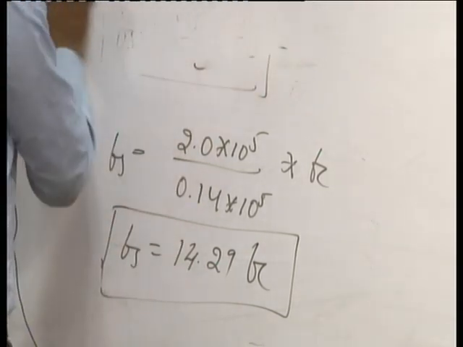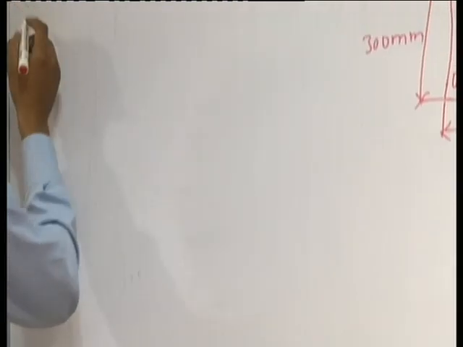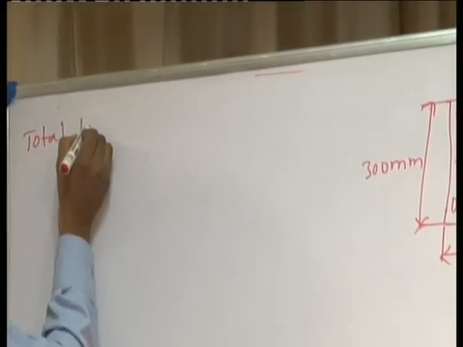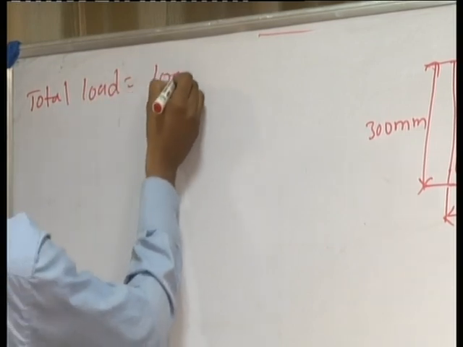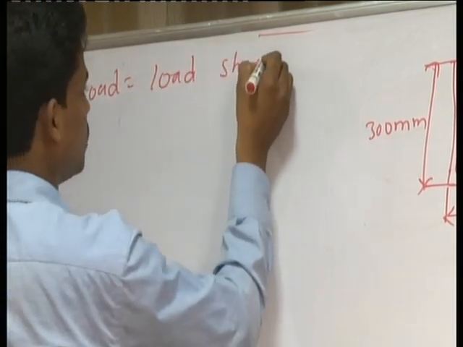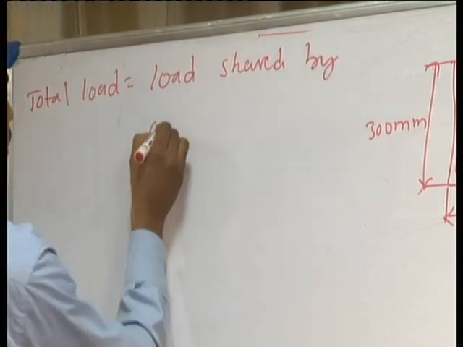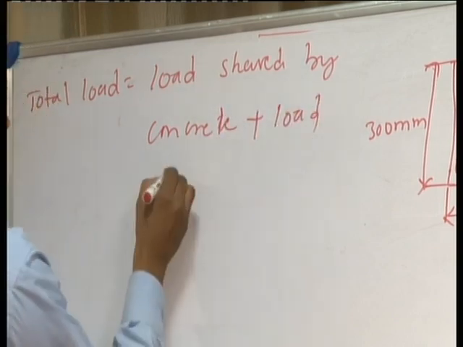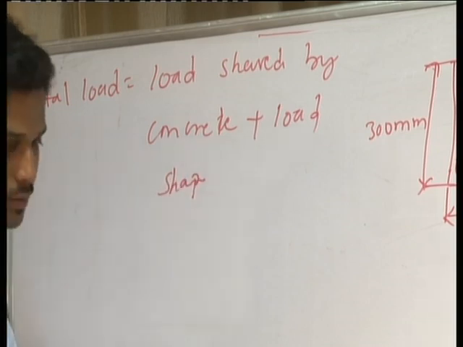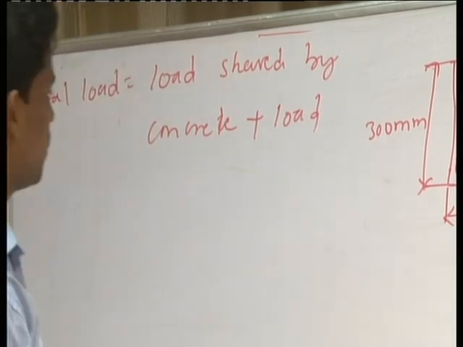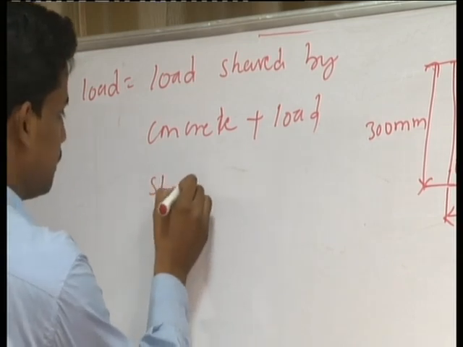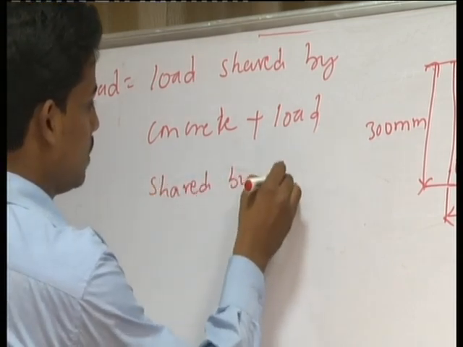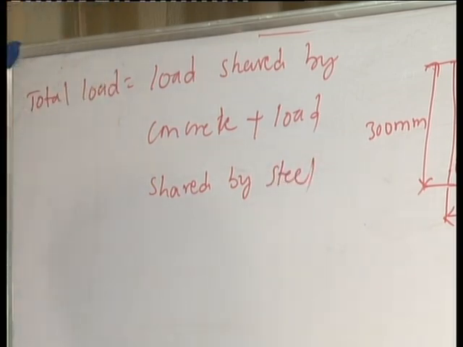And as usual, we know that total load is equal to load shared by concrete plus load shared by steel.